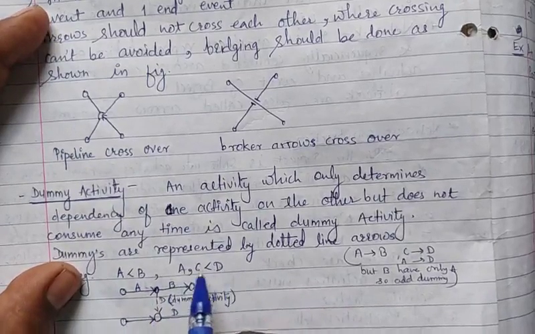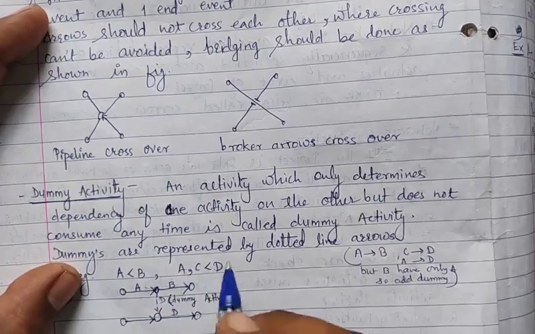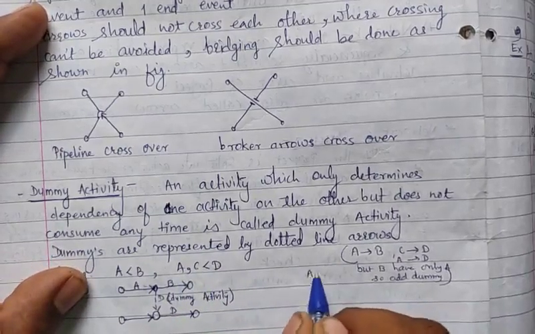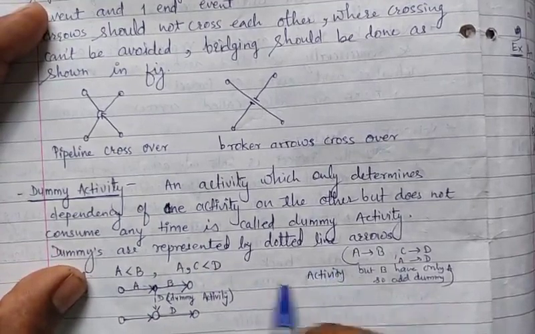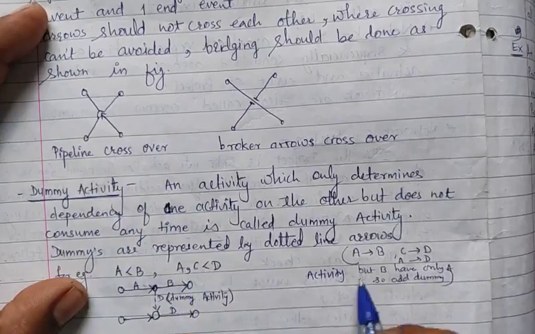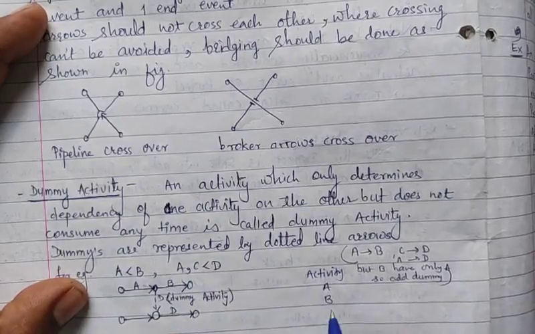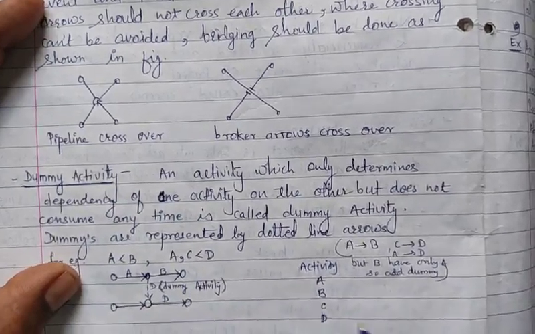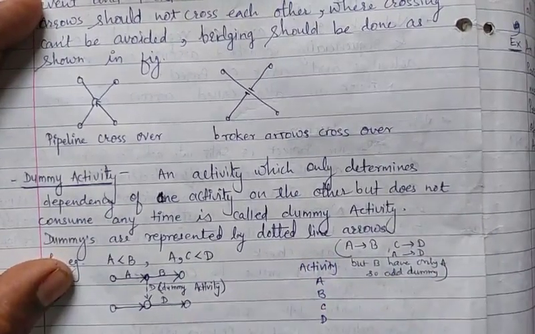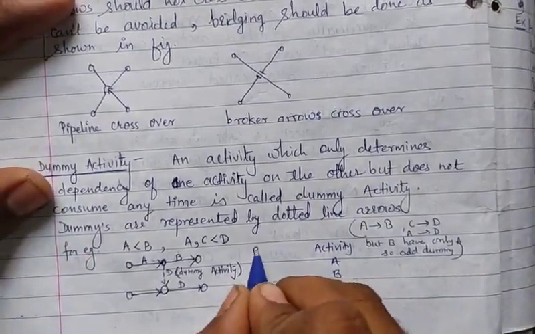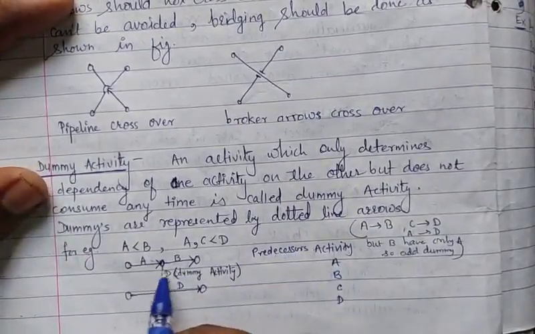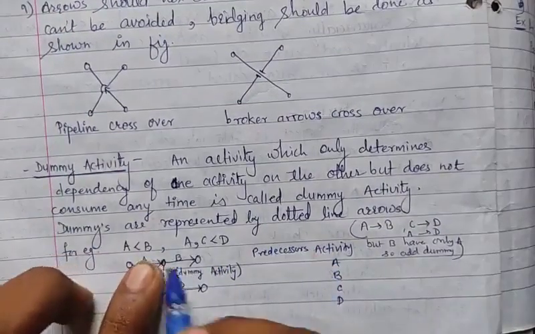First we will write the activities. What are the activities we have been given? In total there are A, B, C and D. So A, B, C, D are 4 activities. Now we will find out their predecessors.